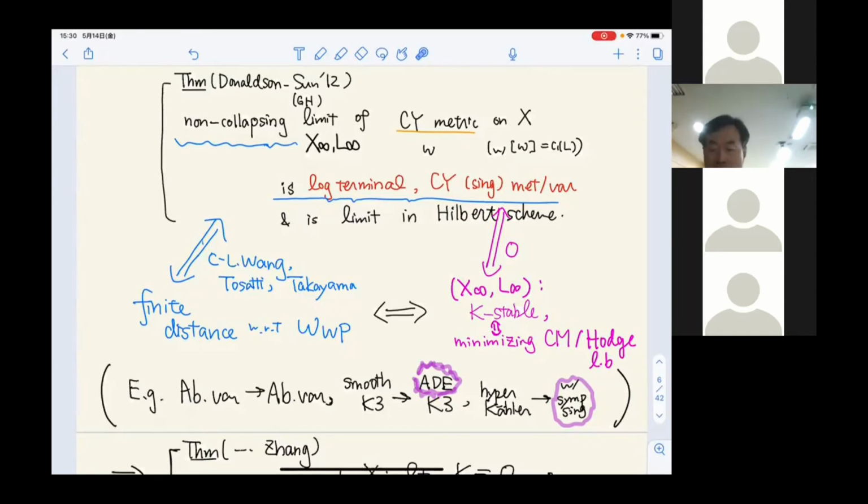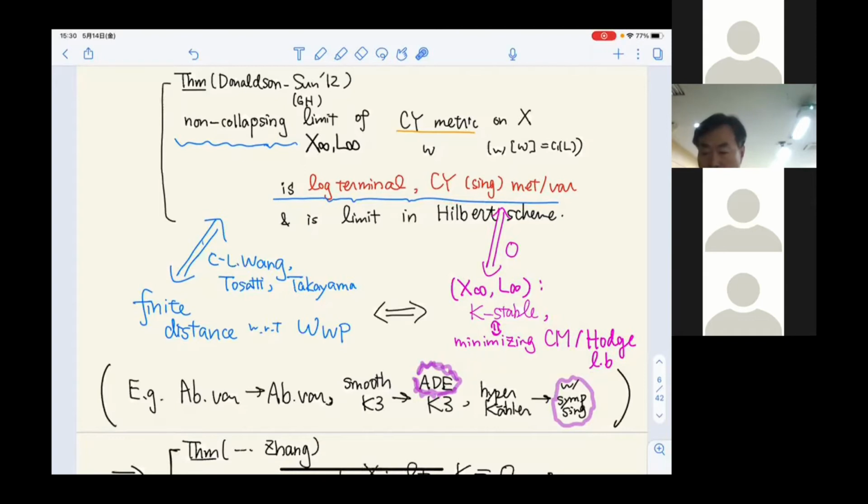And my observation was that, well, I didn't make it precise, but this is characterized by K-stability, and also characterized by minimizing the same line bundle, as I wrote before.